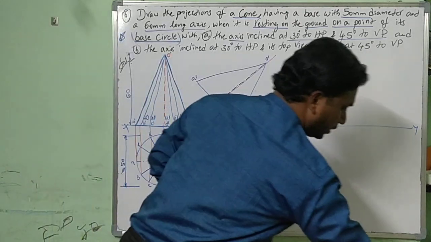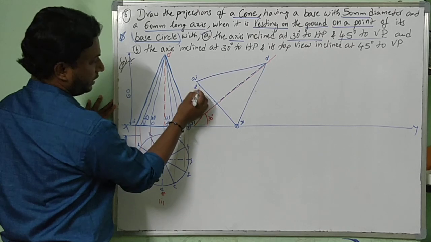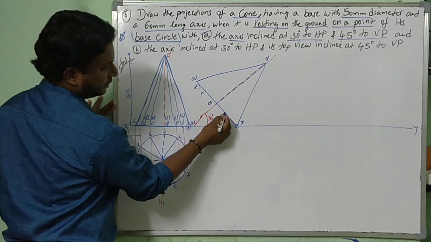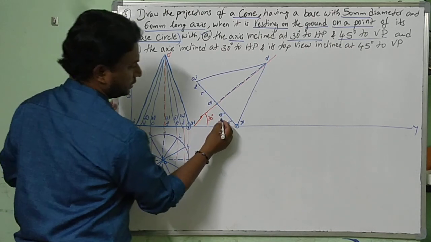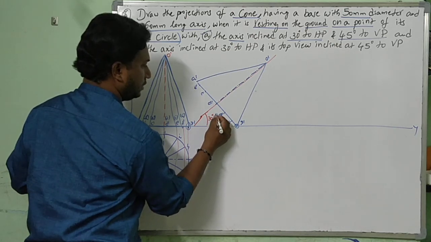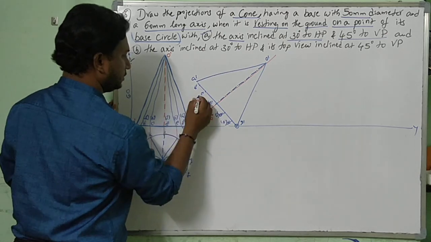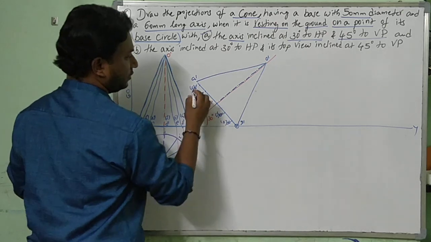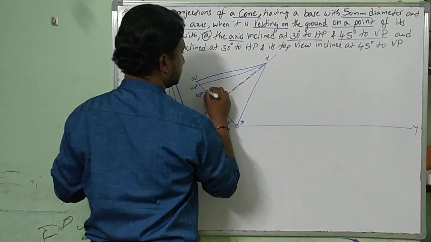Now on this, try to plot the points A dash, after that B dash, C dash, this is D dash, here E dash, F dash, G dash, in brackets here H dash, I dash, J dash, K dash, L dash. So from here, base projectors.